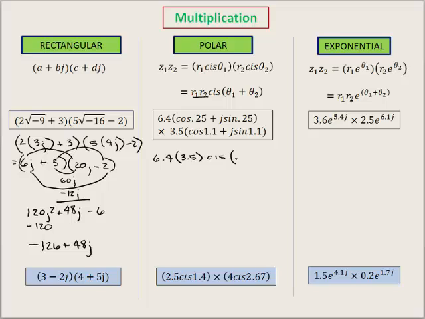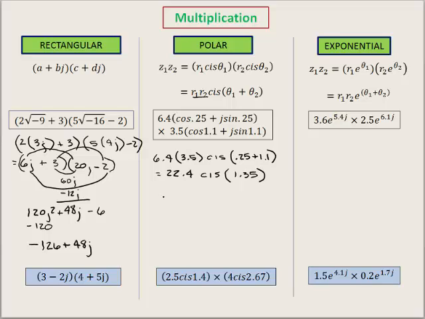These are in radian format, which is no problem. You can use radian format or degree format. So we've got 6.4 times 3.5, and that's going to equal 22.4. And we'll keep our CIS, and adding those together should be 1.35 radians.